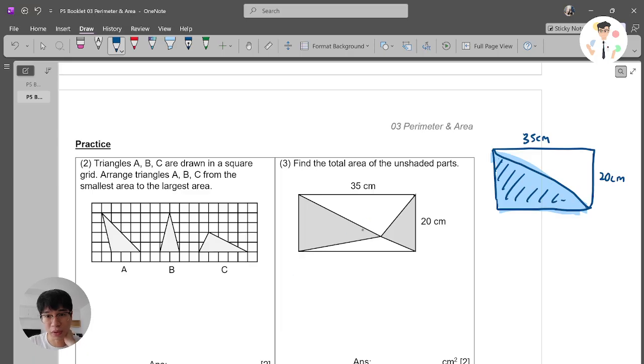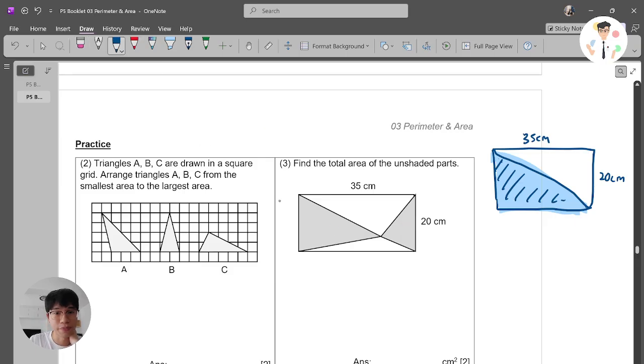But if you look at this, do you think it's actually half of the rectangle? Probably some of you will say, huh, teacher, I don't think so. How do you know? But this shaded part is actually half of the rectangle as well. Then you'll be like, huh, teacher, why? Yes, this shaded part, these two, means that this part A plus this part B is actually half of the rectangle.